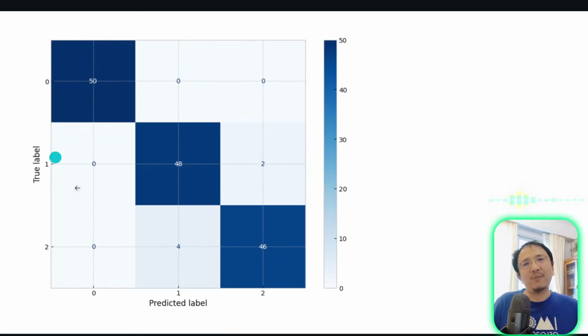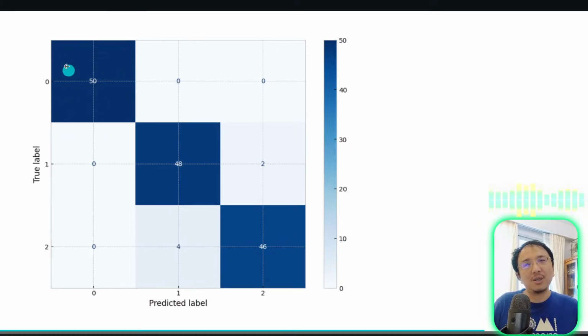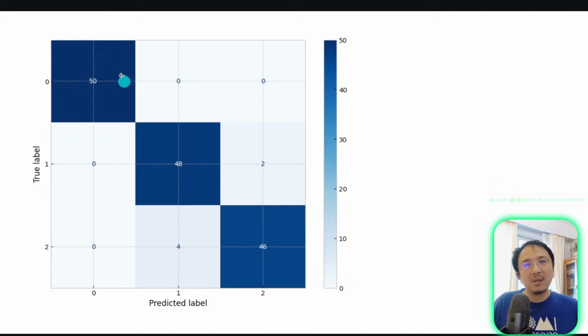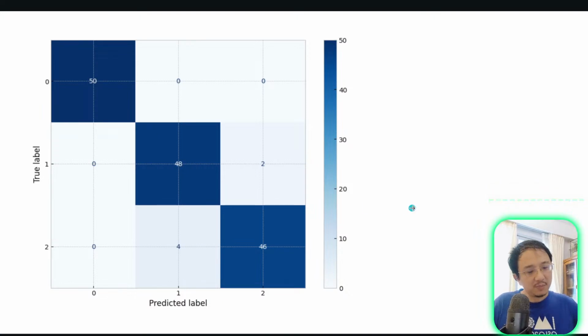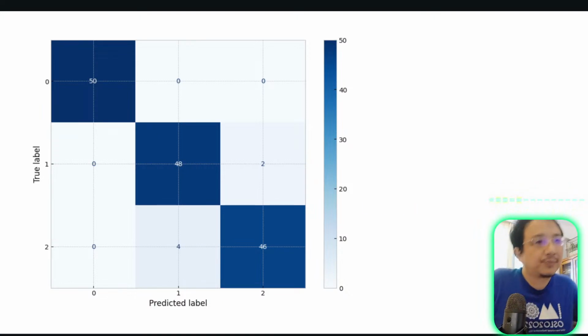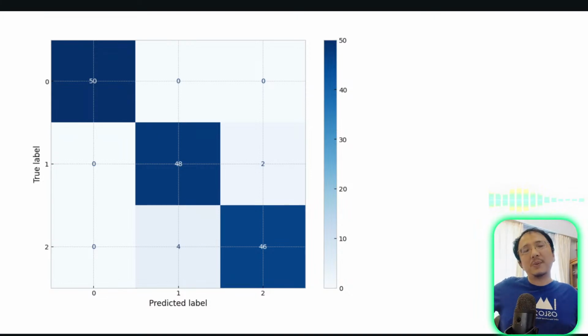But you can still get a quick glance to see the result is pretty good, because all the intense dark cells are on the diagonal. So it seems to be pretty good, and you can identify this one is slightly darker. So these are the false results.